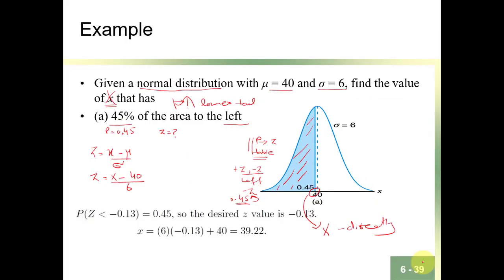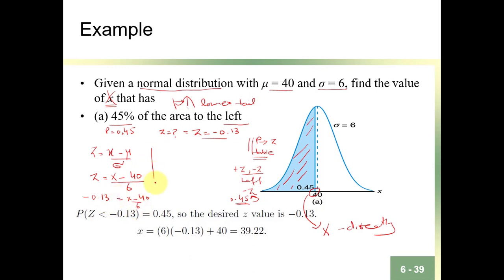After finding the z value, we got z equal to minus 0.13. So we will use this value in our formula. I will write here minus 0.13 is equal to x minus 40 divided by 6. We will do only cross multiplication.